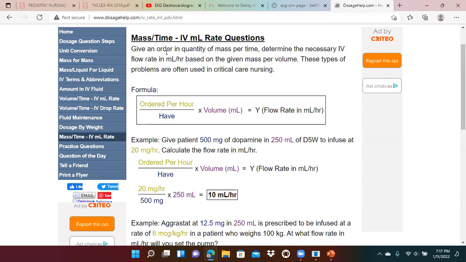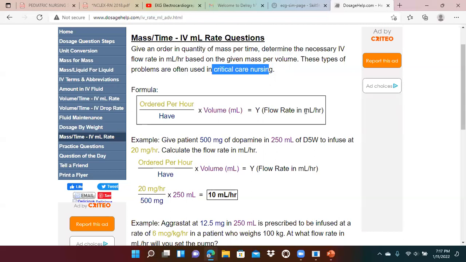Given an order in quantity of mass per time, determine the necessary IV flow rate in ml per hour based on the given mass per volume. This type of problem is often used in critical care nursing, right? So this formula is called the mass over time IV flow rate formula.